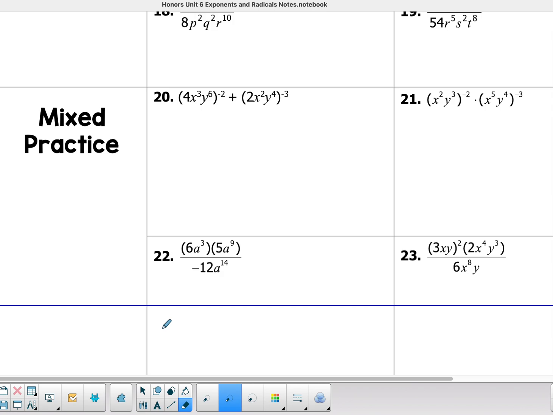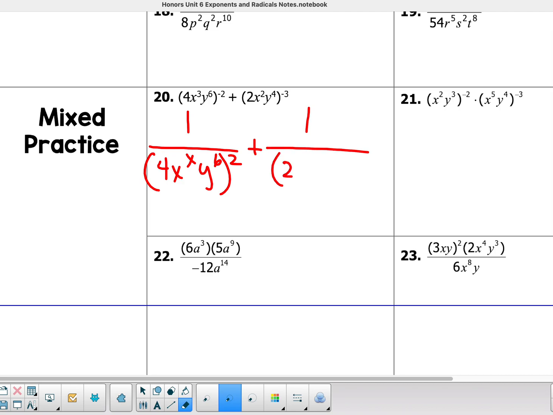And probably what I'll do, I think I'm just going to take this expression and put it on the other side of the fraction bar, and I'm going to make that 2 positive, and do the same thing here, making that 3 positive. And then I'm going to clean this up from here.